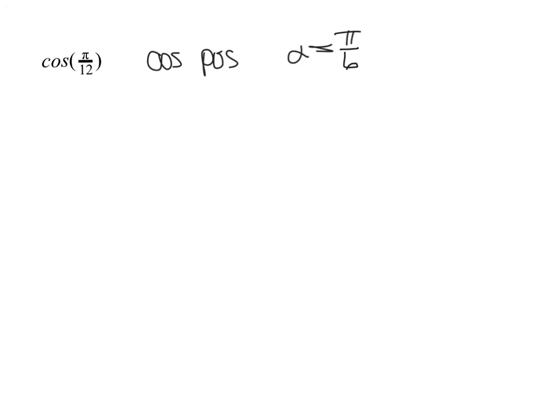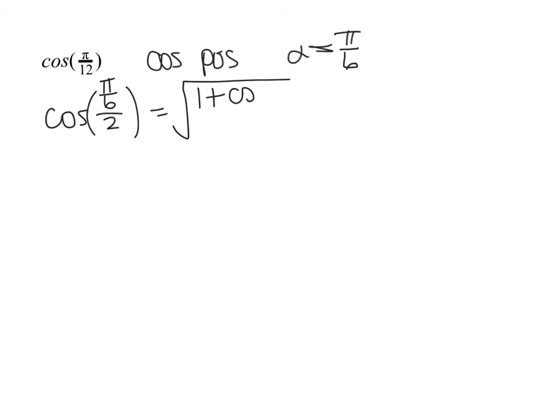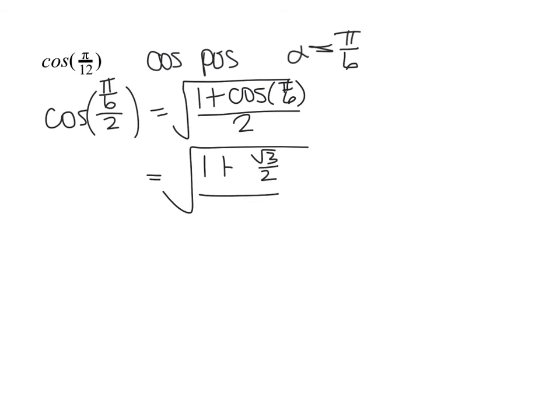So our cosine half angle formula is going to be cosine of pi over 6 divided by 2 equals the square root of 1 plus cosine of pi over 6 all over 2. So using our unit circle, we get 1 plus radical 3 over 2 all over 2.